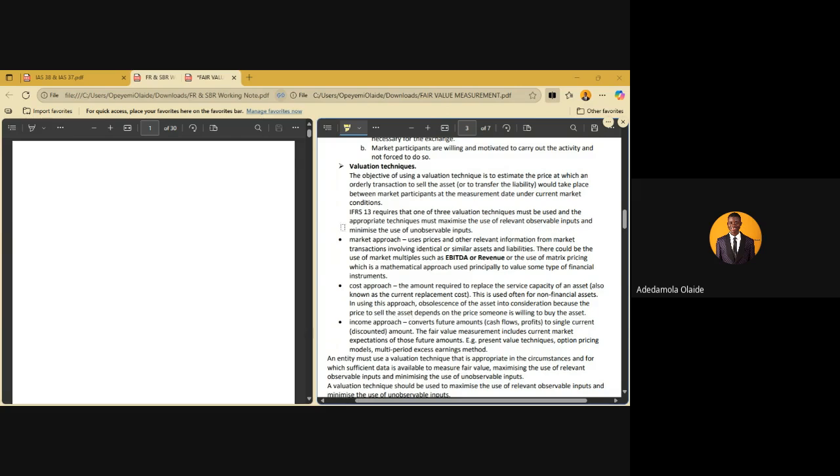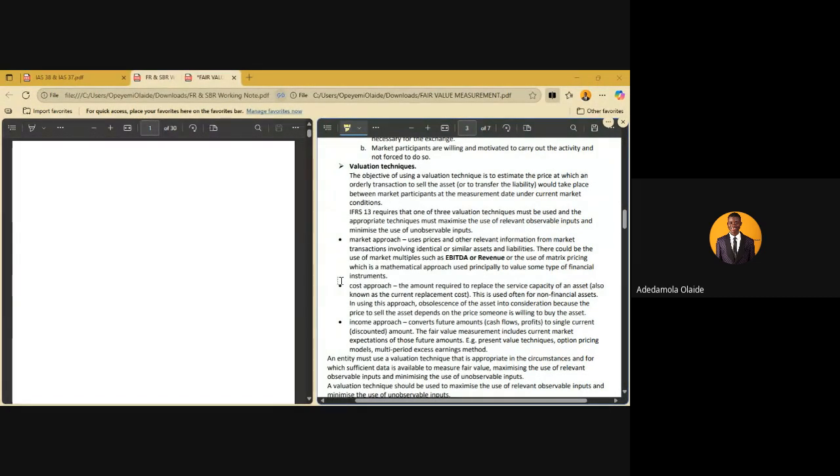So we have three approaches. We have the market approach. The market approach is where we use the price of similar or identical assets and liabilities. We have the cost approach. That is where we use the cost that will be required to replace the asset today in getting the fair value. While we can also use the income approach.